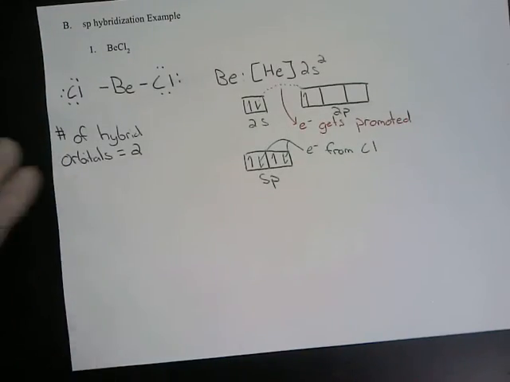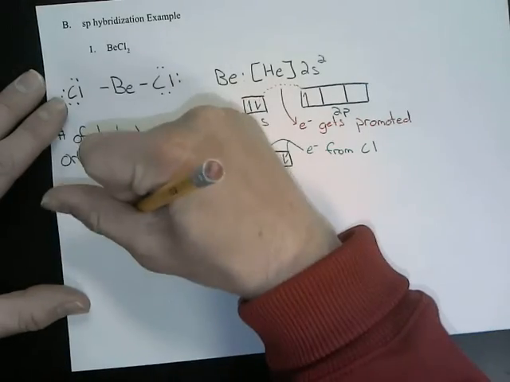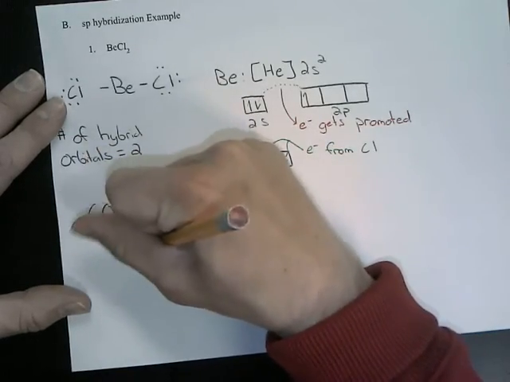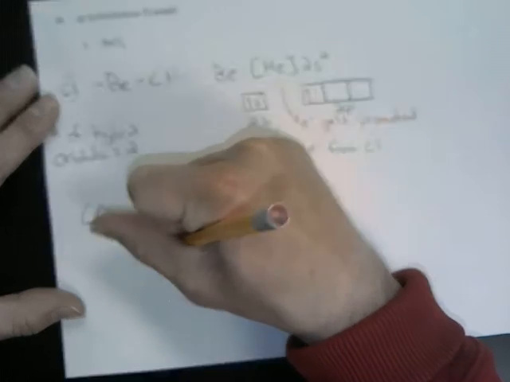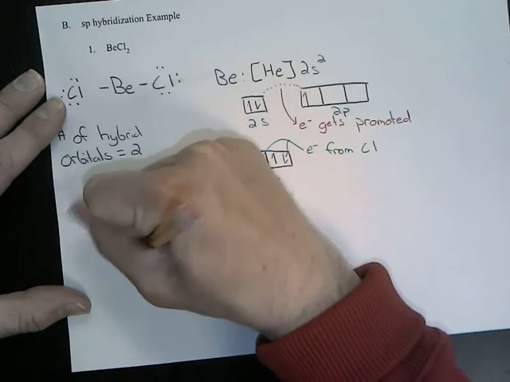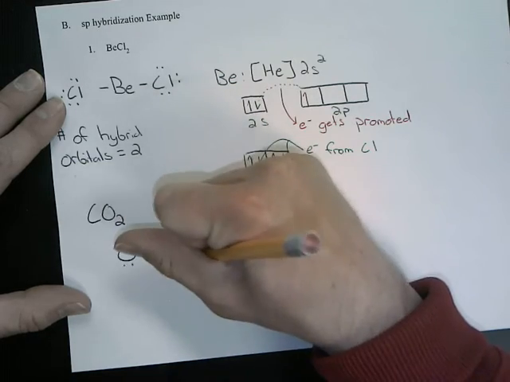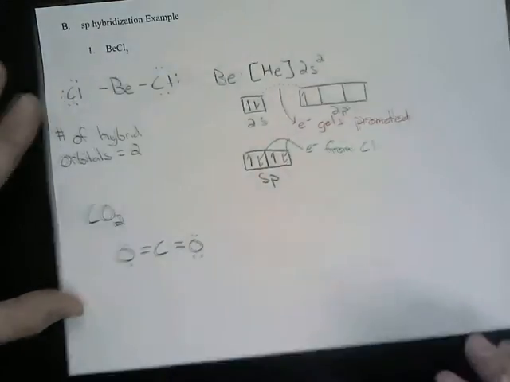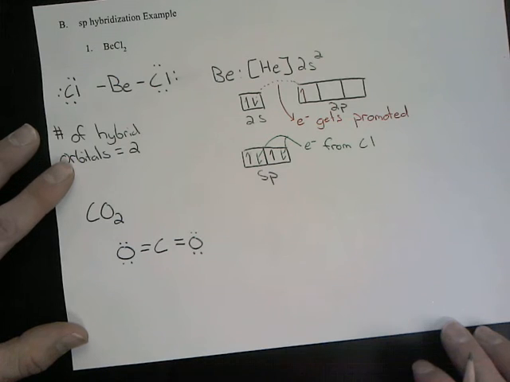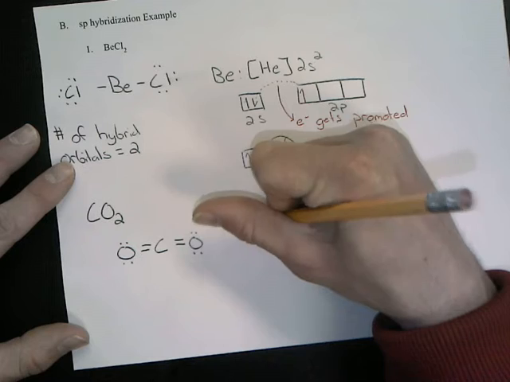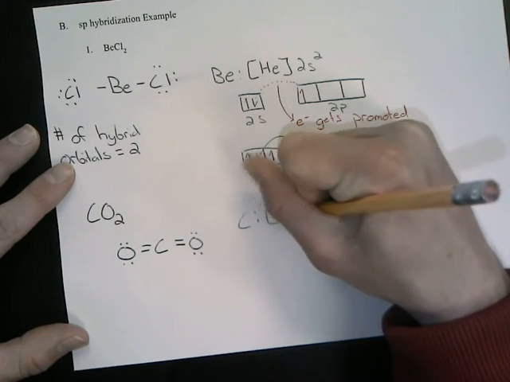Now, another good example here would be carbon dioxide. So if we go into CO2 and we think about this, we have carbon. It's actually double bonded to our oxygens, and we would get something that looks like this. Now, again, carbon, its electron configuration would look like this.